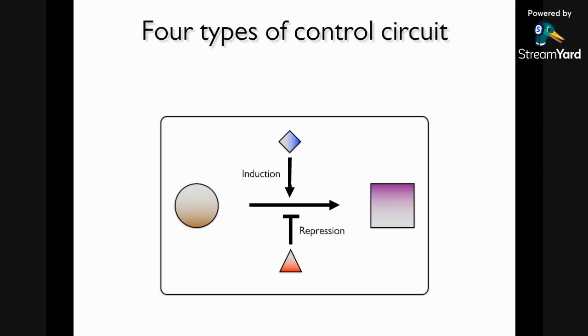Again, it's typically a protein, and it will bring about induction. So that's just one to be careful of. We call it an activator protein rather than an inducer. Inducers do exist. We'll get to them later. But the proteins that directly modify either induction or repression are called activators if they cause induction, or repressors if they cause repression.